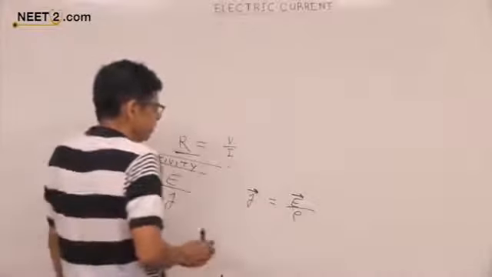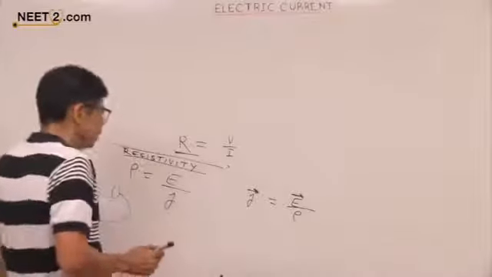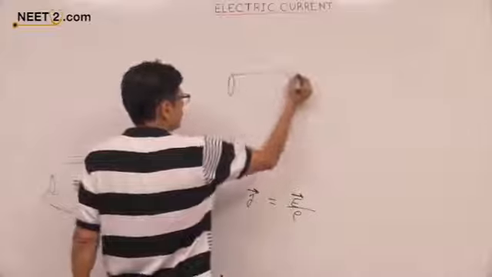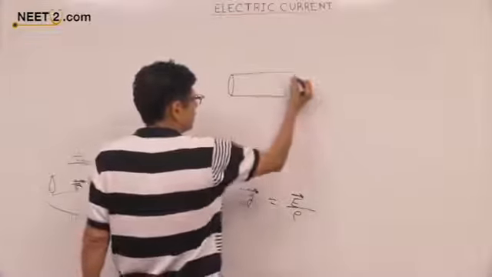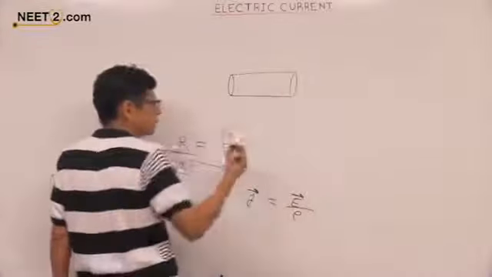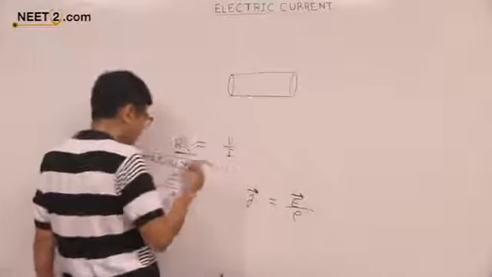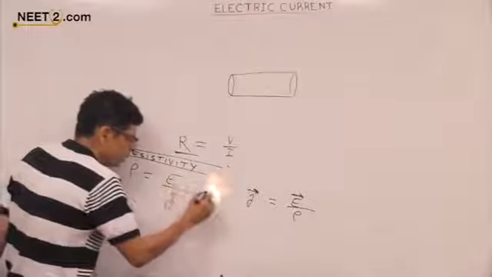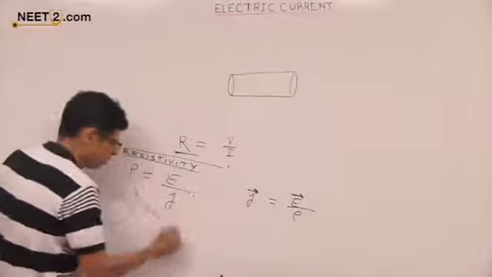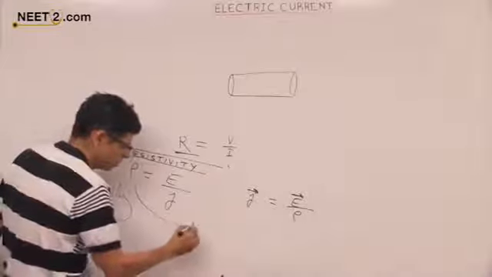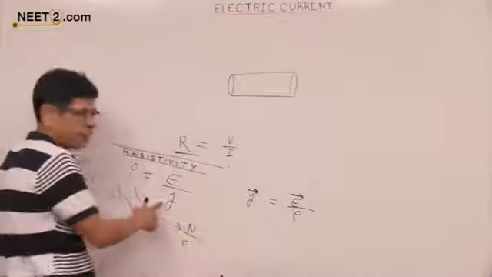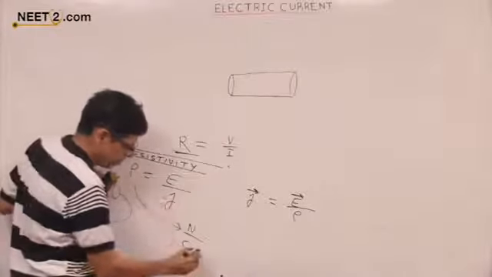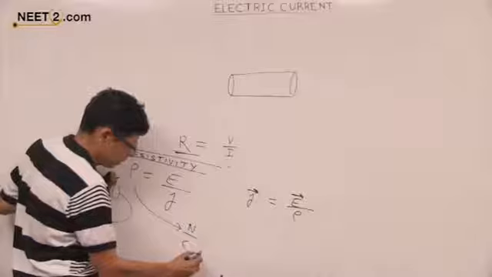नाउ वी विल लेट्स कंसिडर द फॉलोइंग. This is a uniform conductor, and the resistivity, what are the units of resistivity? Its unit should be Newton per coulomb, and J is current, ampere per meter square.